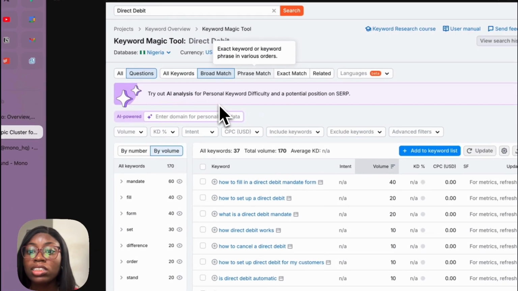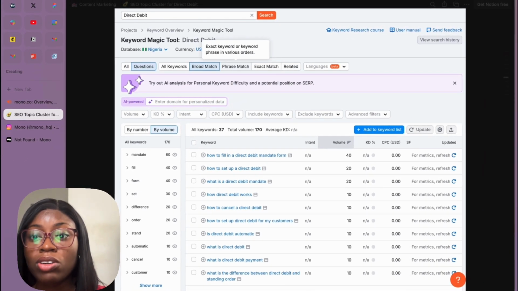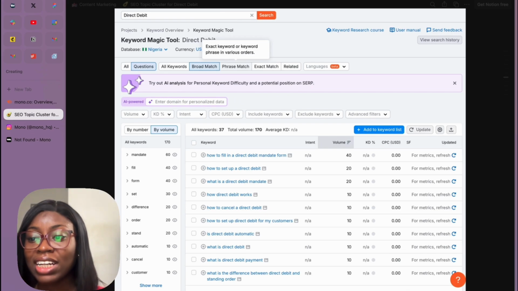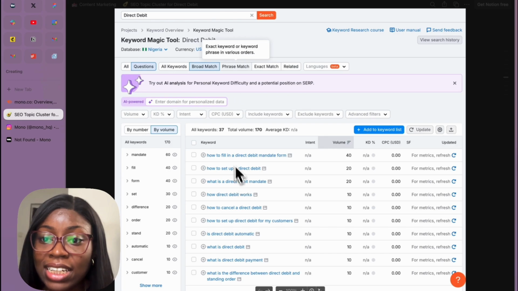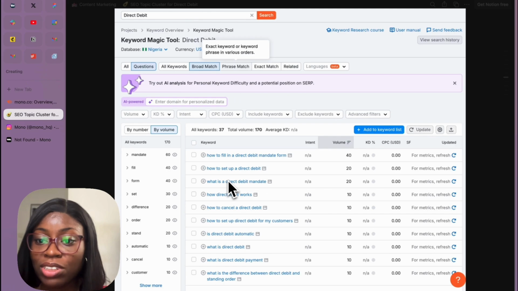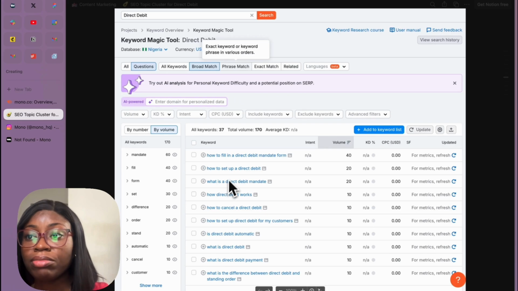Looking at the data for the keyword, I went specifically to the questions tab because I wanted to know what questions people had around this topic. People were asking things like: what is a mandate? How do you set it up? What are the differences between a standing order and a direct debit? Is direct debit automatic? That sort of thing.